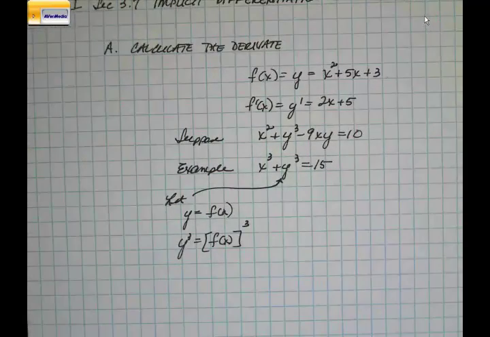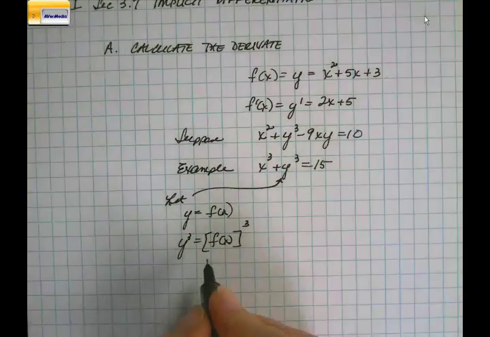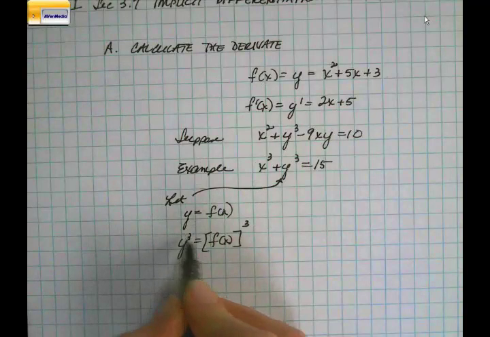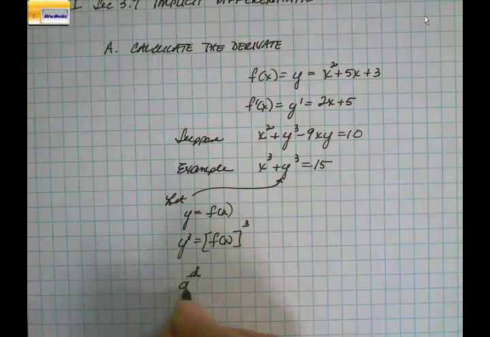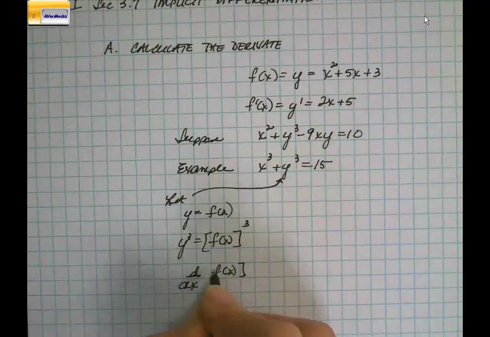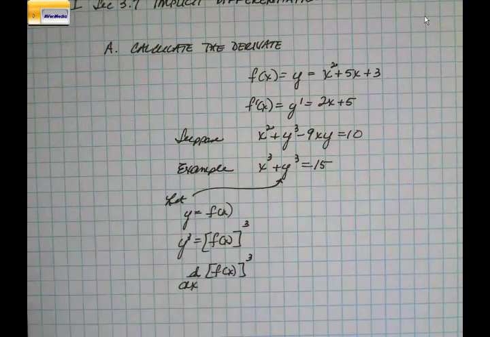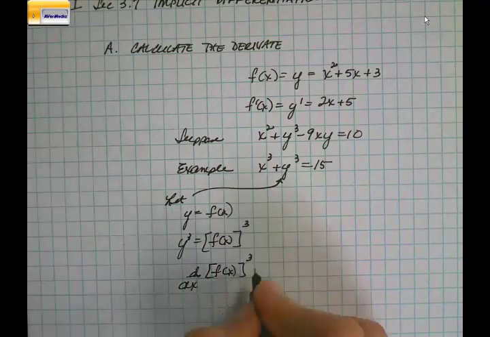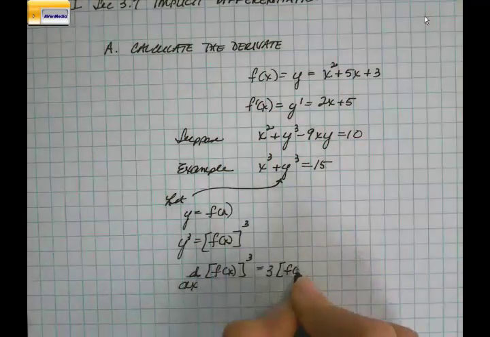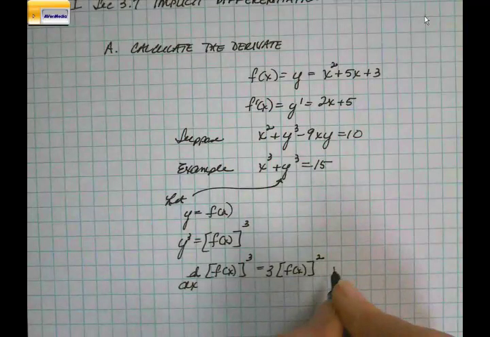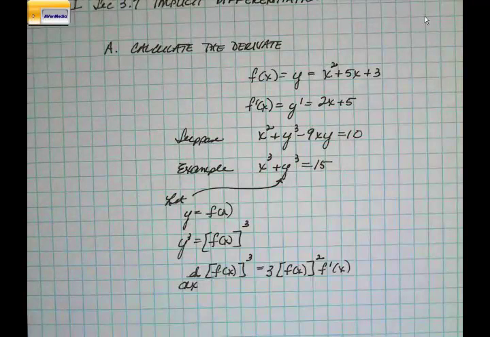If we want to take d dx of f of x cubed, then it would be like the chain rule, where you would bring the 3 out front, you decrease the exponent by 1, and then take the derivative of what's in the parentheses, which we would rewrite as f prime of x, by the chain rule.